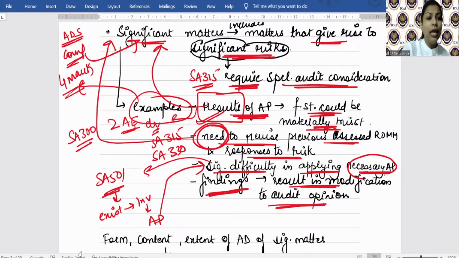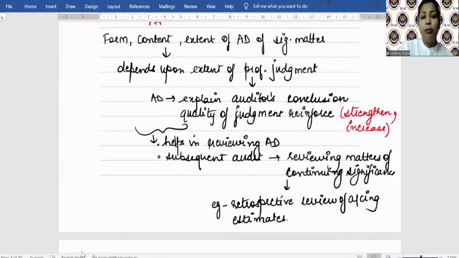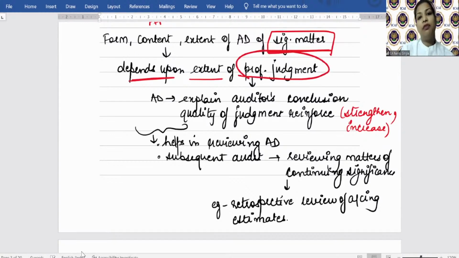Clear? Now, the form, content and extent of audit documentation of significant matter कि कितने हद तक, किस फॉर्म में, क्या कंटेंट होना चाहिए of significant matter. It depends upon the extent of professional judgment involved.